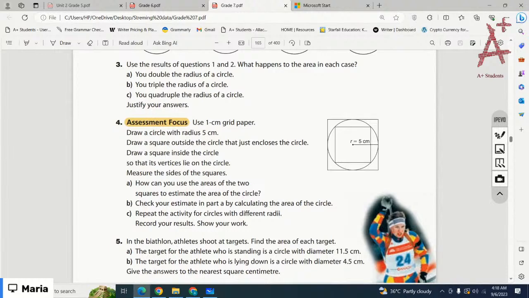Now you have to see how to use the areas of the two squares to estimate the area of the circle. For this circle, the radius is 5. If you look at the larger square, it would be 5 plus 5, that is 10 centimeters.